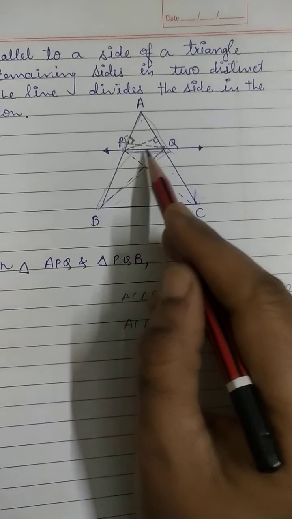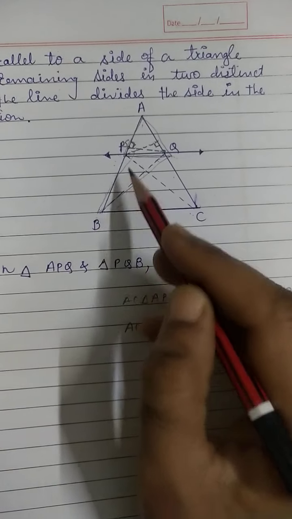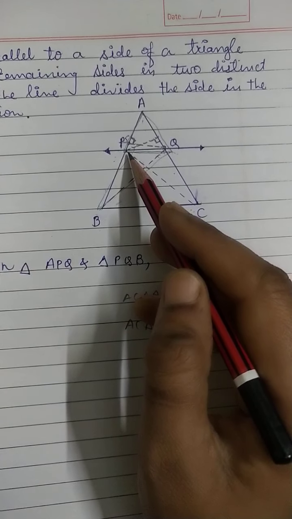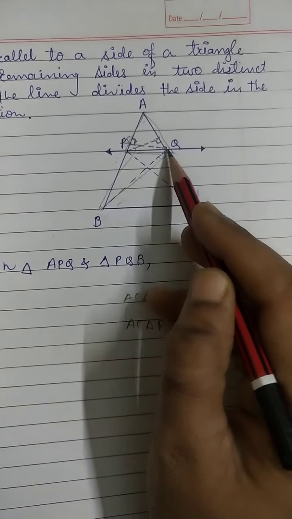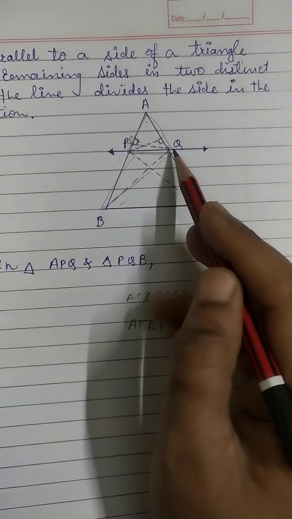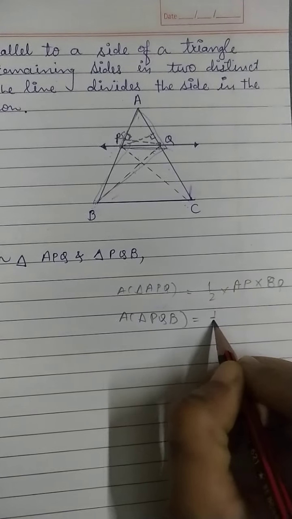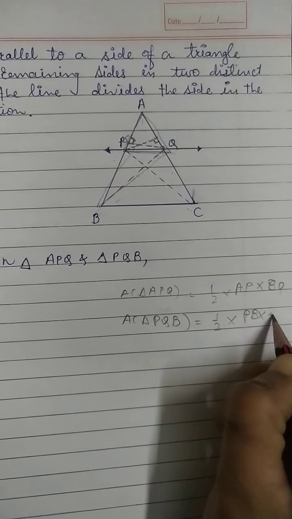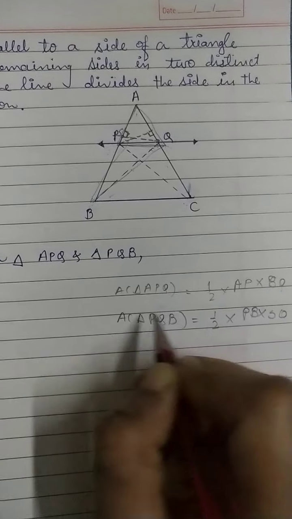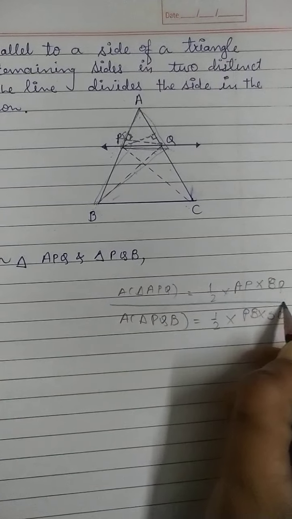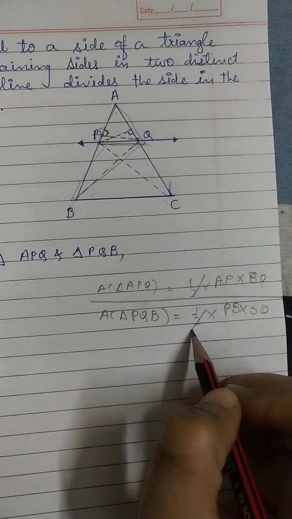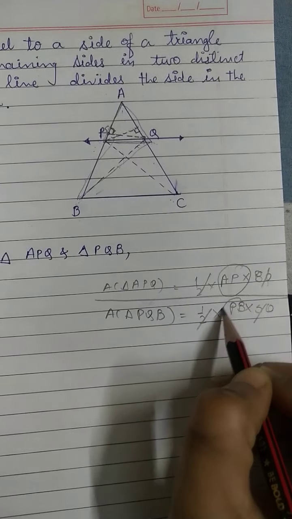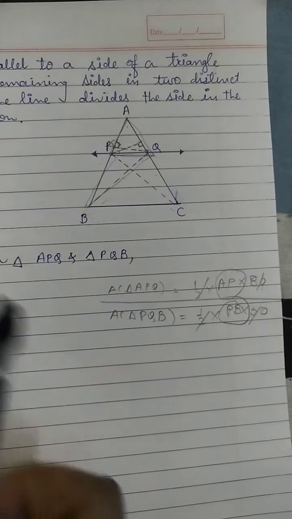That's why the height of PQB will be on its outside, and it will be the same, that is SQ. So again the area of PQB is half into base, PB, into height, again SQ. Fine. So if I take a ratio of these two areas, this half and this half will get cancelled, SQ and SQ will get cancelled. What remains? AP upon PB.